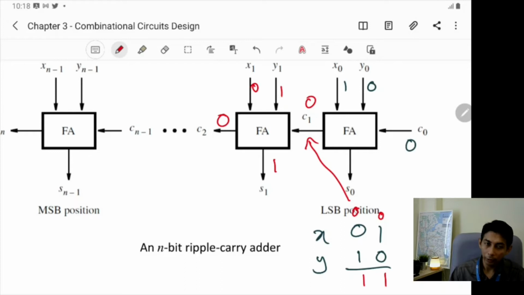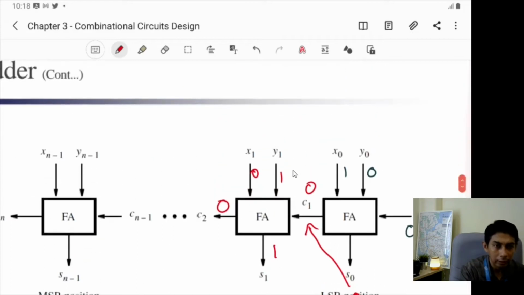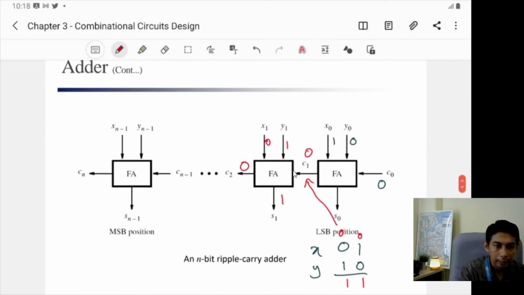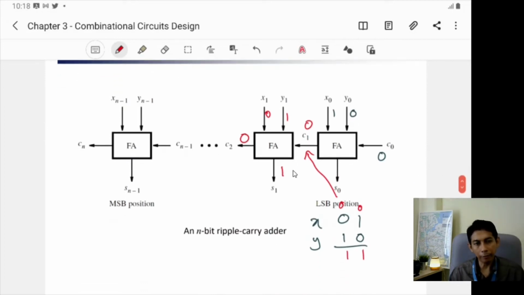So you see, we can implement the multi-bit addition using the 1-bit full adder that we designed previously, by connecting the circuit like this. If you have 3 bits, you have another block, same thing. Just connect like this for as many bits as you want. You want 8 bits, 16 bits, 64 bits, no problem.